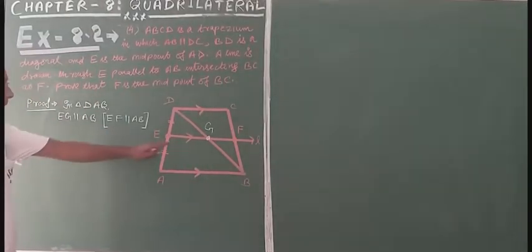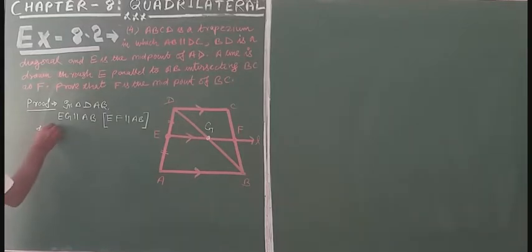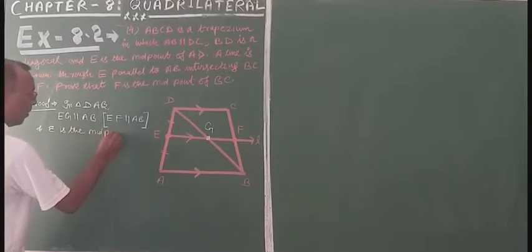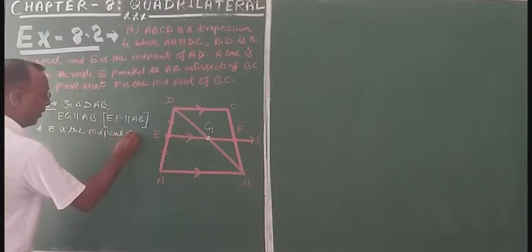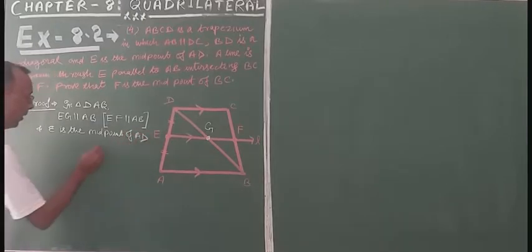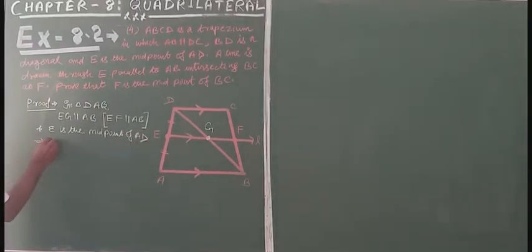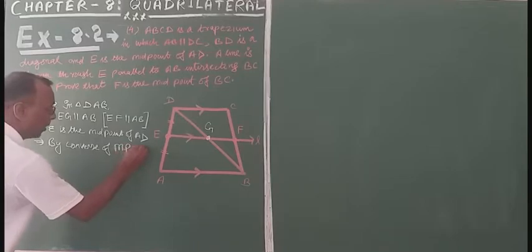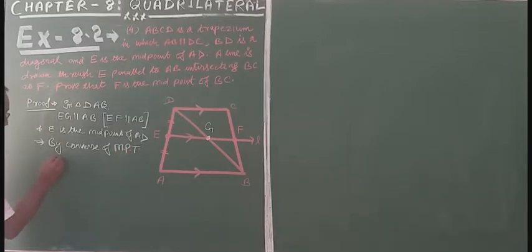EG is parallel to AB, okay, and E is the midpoint of AD. Then by the converse of the midpoint theorem, what will happen?